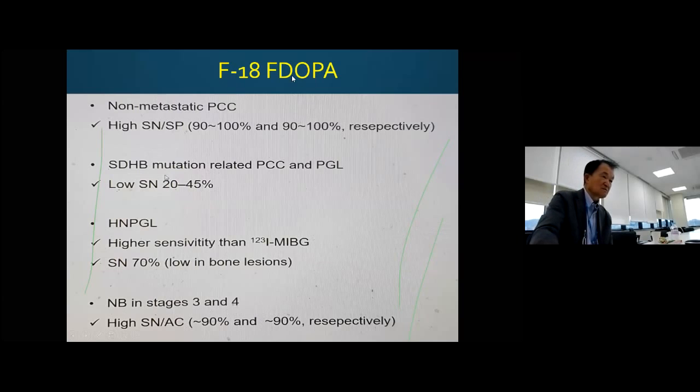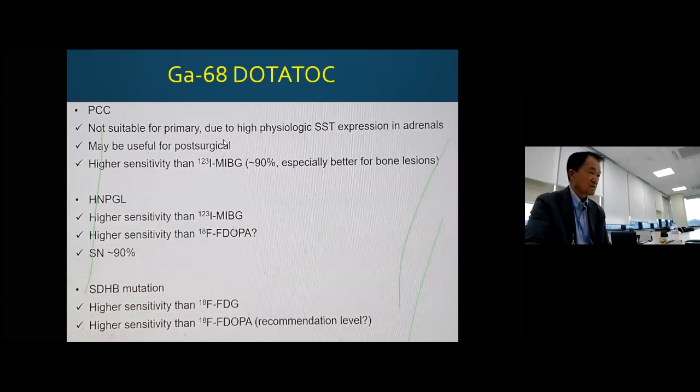So L-DOPA is another popular tumor agent. But at this time, DOTATOC or DOTATATE is usually used because of higher sensitivity than iodine-123 MIBG.